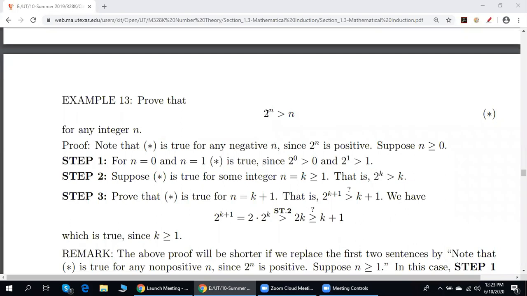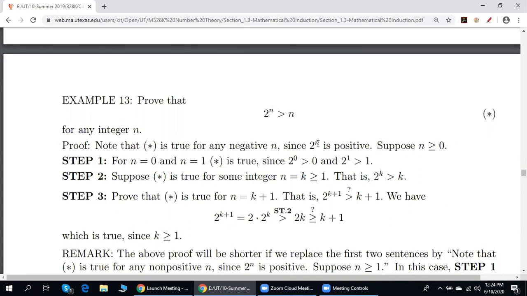Note that this is true for any negative n. Indeed, observe that no matter what n is, 2 to the nth power is always positive. Think about the graph of an exponential function. The graph of an exponential function is always above the x-axis.